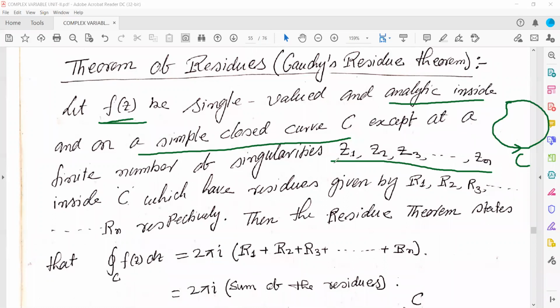So what are the finite points I have taken here? z1, z2, z3, ..., zn. So suppose there are n points at which the given function f(z) is not analytic.